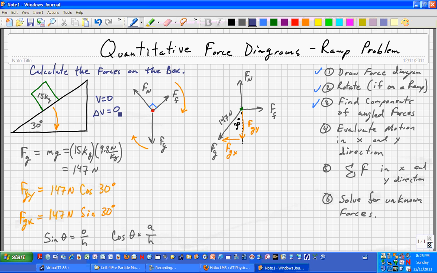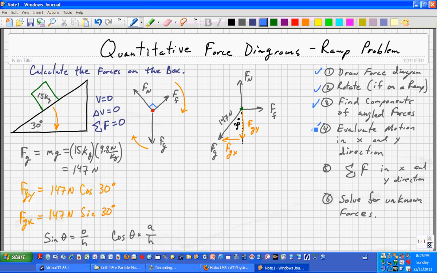It's always 0 meters per second. Because my change in velocity is 0, there's no acceleration. That means the sum of the forces is also going to be equal to 0. And this is true both in the x and the y direction because this box is not moving at all. So I've evaluated my motion in both directions.